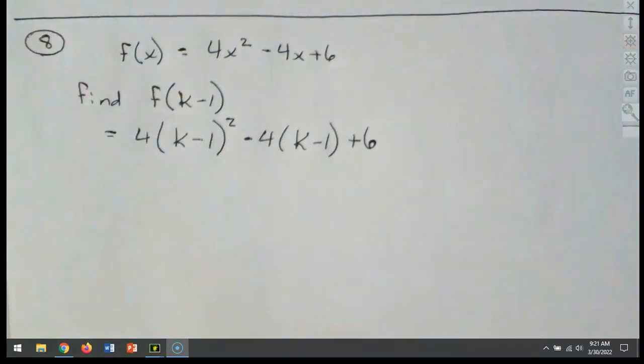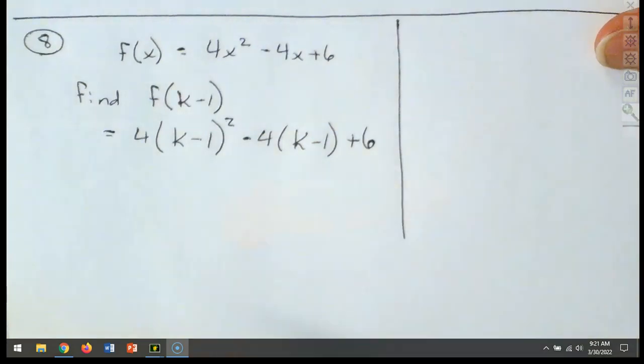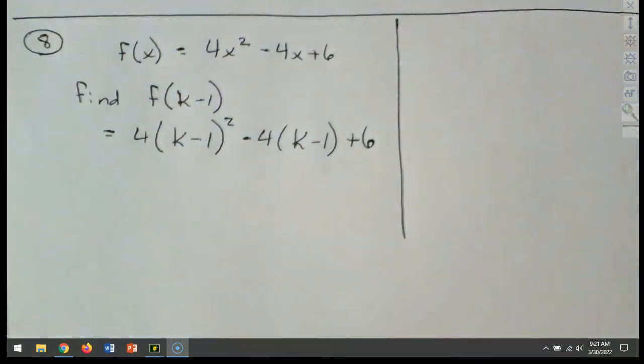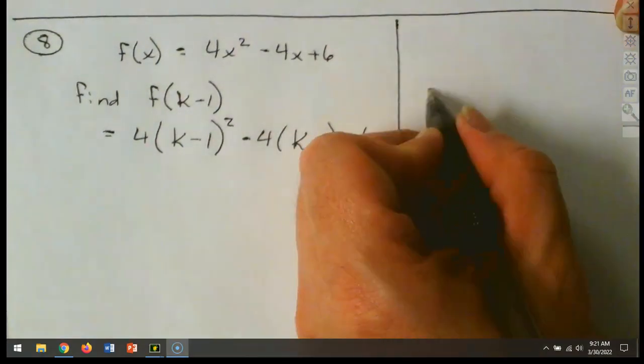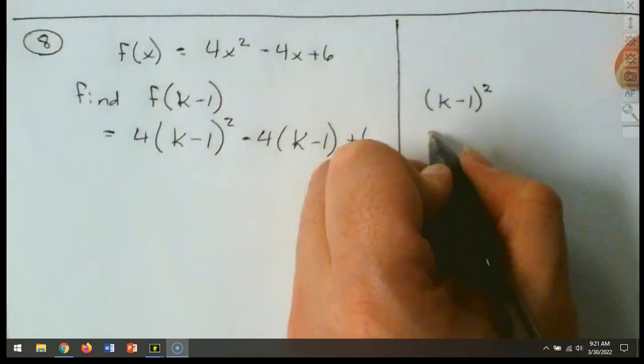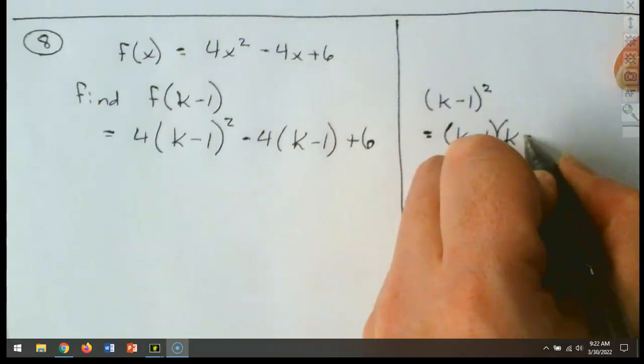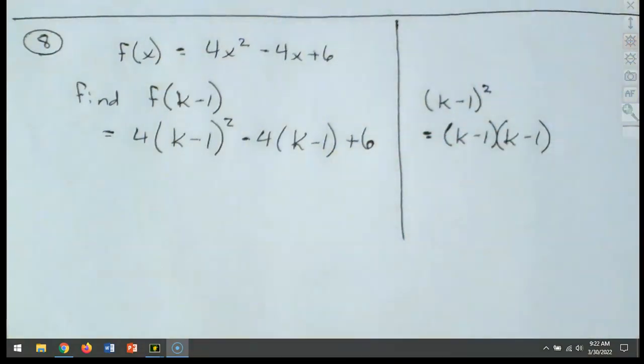Now we need to condense this down as much as we can. So, just like the fraction one that we did in question 1, the exponents go first. And we've got a k minus 1 quantity squared. And that is, writing it out, k minus 1, k minus 1.